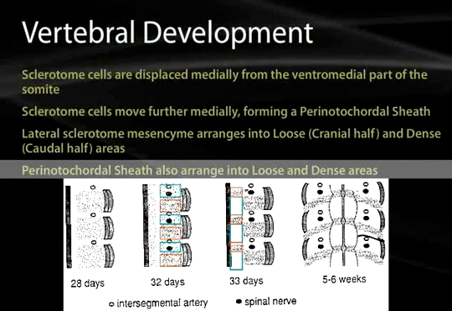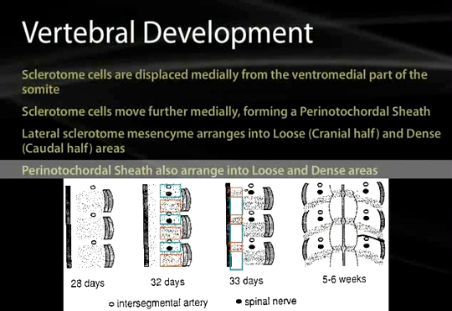If we look at the diagrams below, at 28 days, there's a rather amorphous organization of the mesenchyme. Then the mesenchyme will start to move the sclerotomal cells medially, and you can now see that there's a separation between the perinotochordal sheath and the sclerotome.